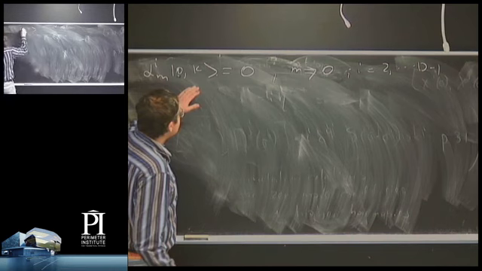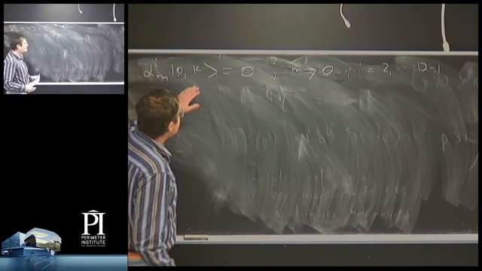I'm defining this exactly the way I would define a ground state for a simple harmonic oscillator, except that now I have lots of simple harmonic oscillators, so I have to impose this condition.